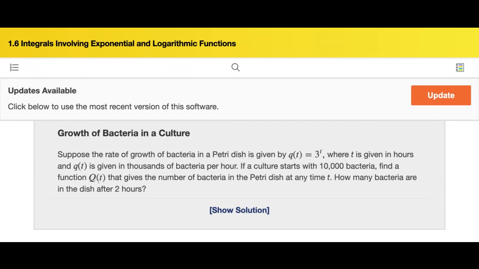Basically, the capital letter Q is the potential or original function, and the lowercase q of t is the derivative of the capital Q. That gives the number of bacteria in the Petri dish at any time t. How many bacteria are in the dish after 2 hours?